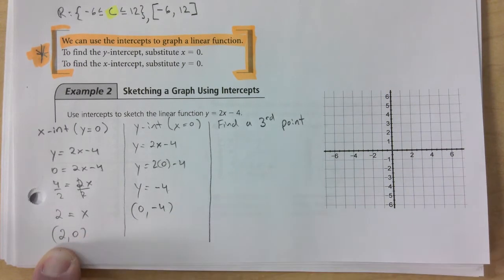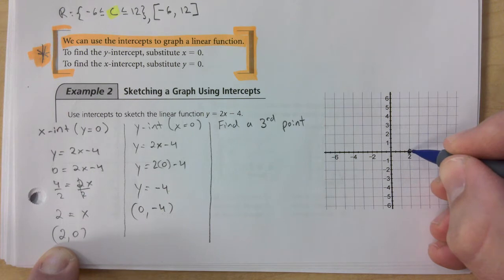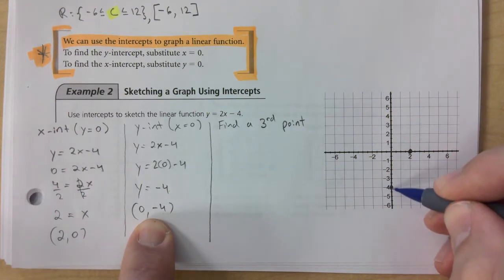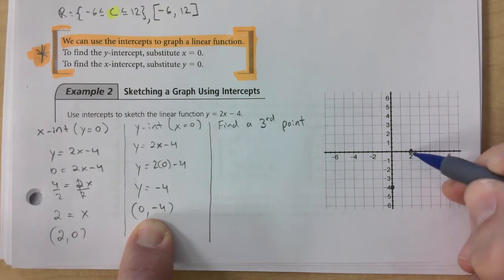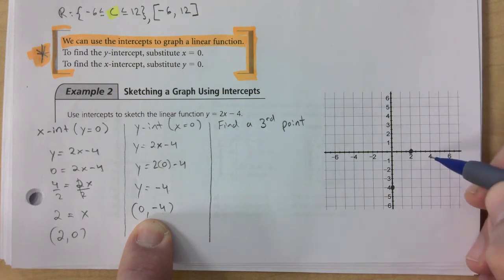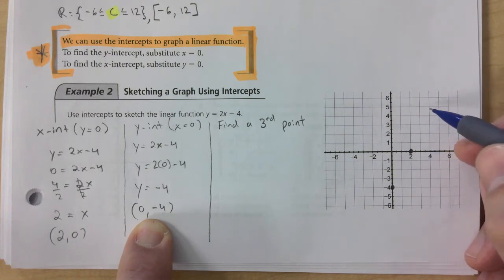So 2, 0 would be right there. 0, -4 would be right there. So do you want to find a point that's in between here? Or do you want to find one that's further out? That's up to you. But let's say we want to find when x is equal to 4, what is the y value going to be?